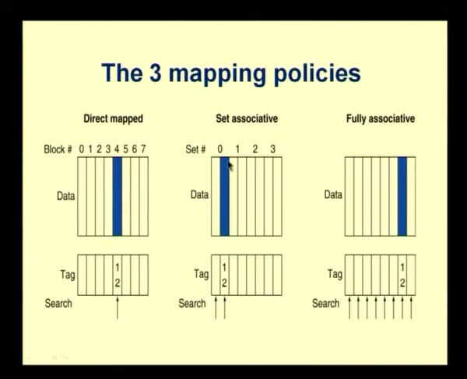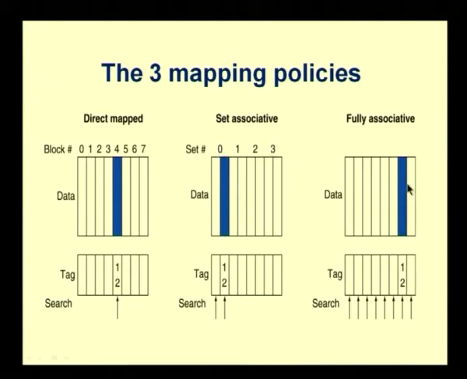I identify the set number based on the address that I have. That identification is done in a manner similar to what we use for direct mapped cache. Now, once we have identified the set number, within the set it can go anywhere. So, I need to search both these tags and find out that yes, 12 is over here, this matches the block that I am looking for. This is the set associative mapping.